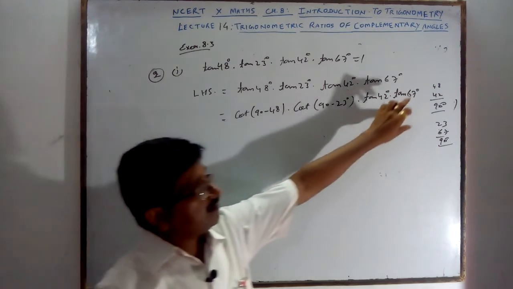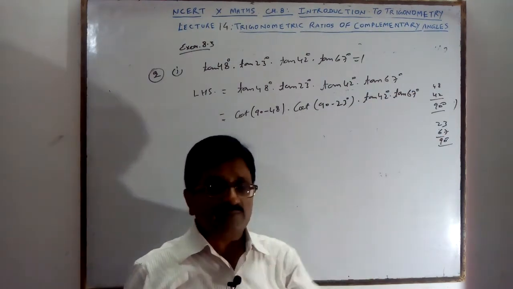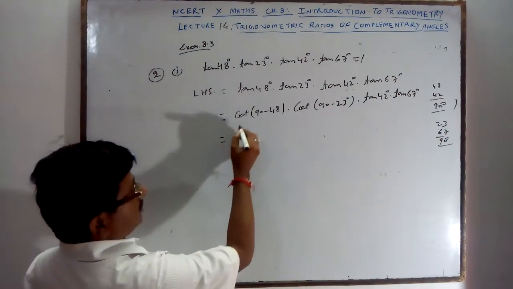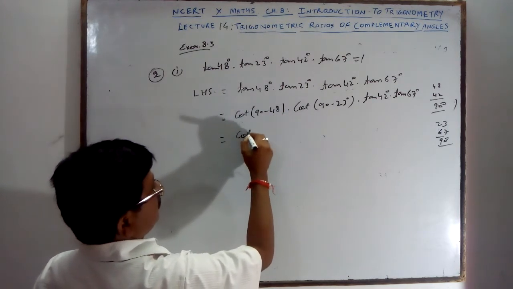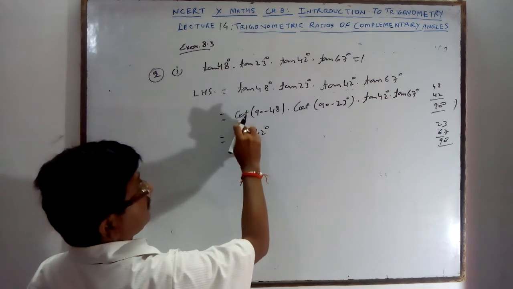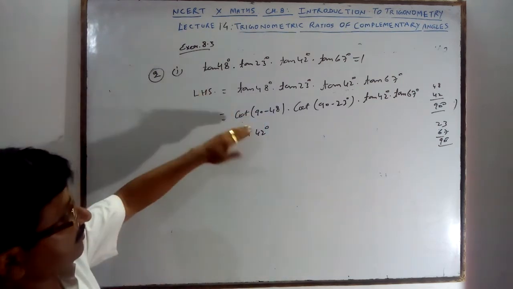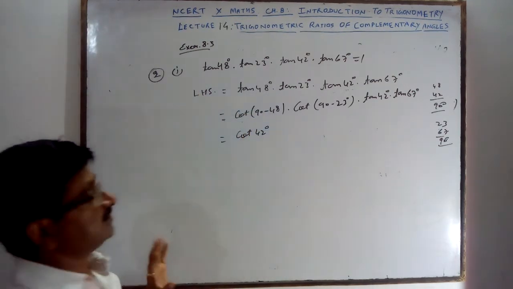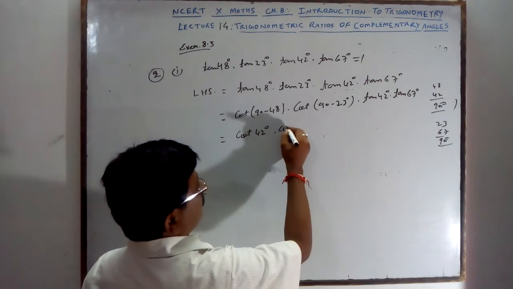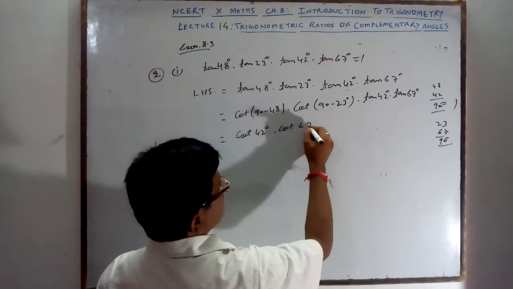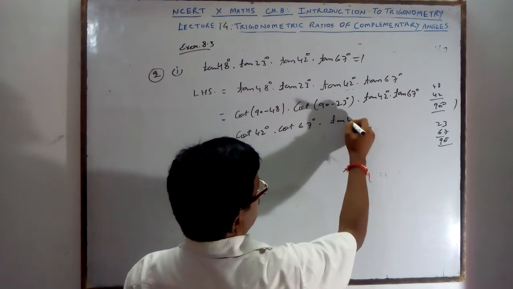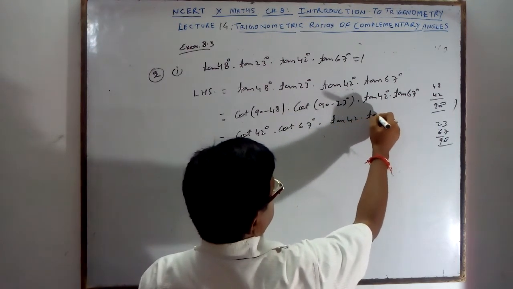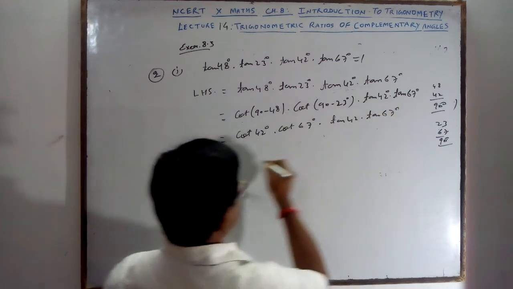Out of each pair only one will be changed. So cot 90 minus 48 gives you cot 42 degree because you have already applied the formula, only subtraction is left. Into cot 67 degree, into tan 42 into tan 67 degree.